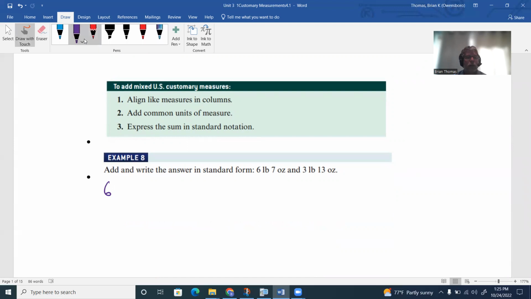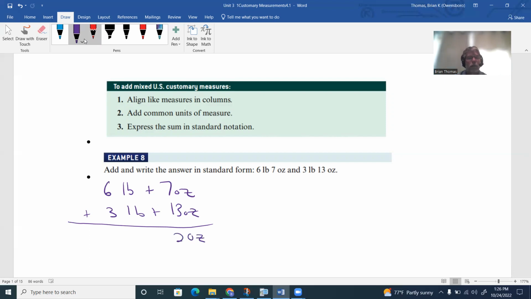If I have 6 pounds and 7 ounces, the easiest way to add these together is to write 6 pounds plus 7 ounces, and then add 3 pounds and 13 ounces. You add like units to like units, so that gives me 20 ounces, and then you have 9 pounds and 20 ounces.